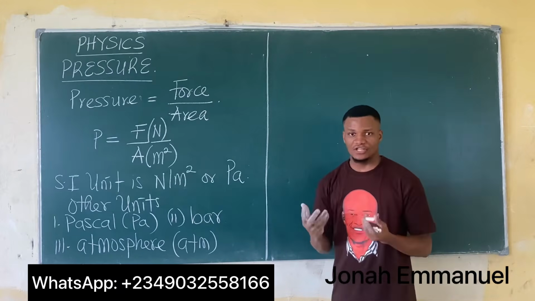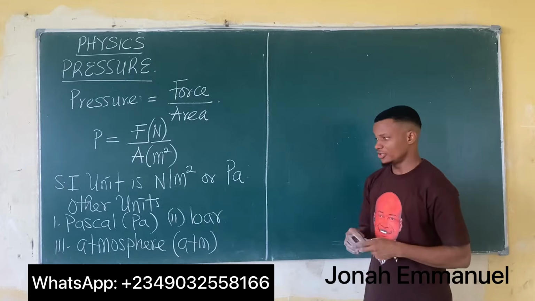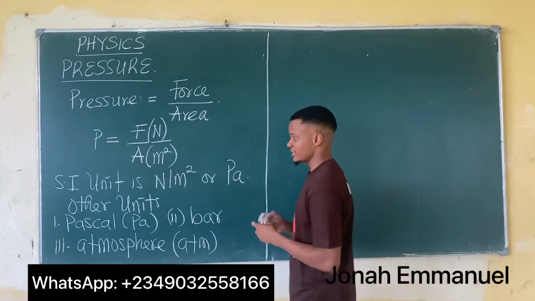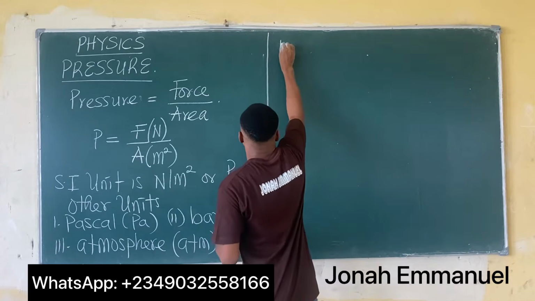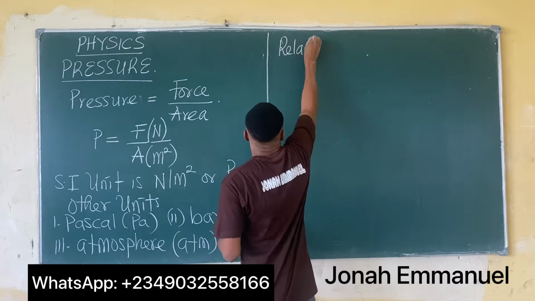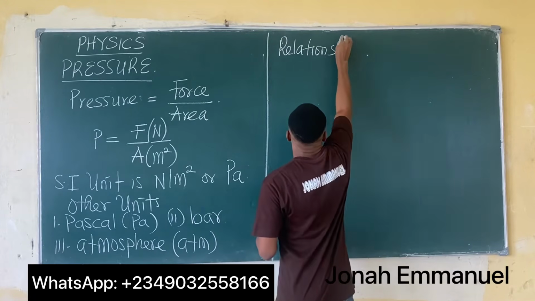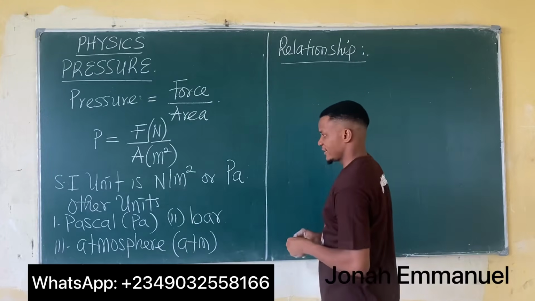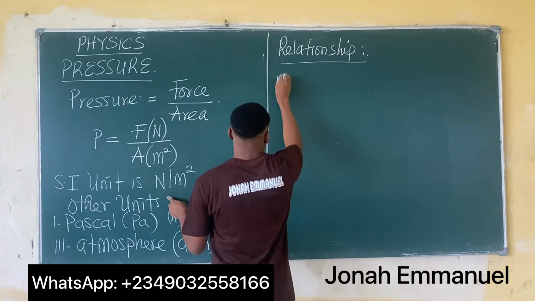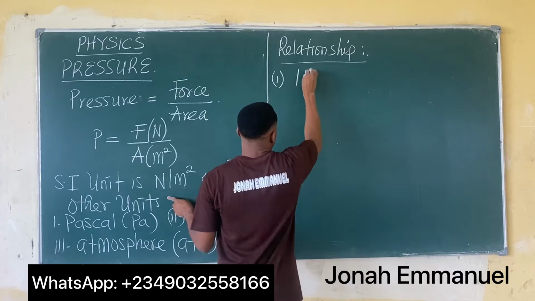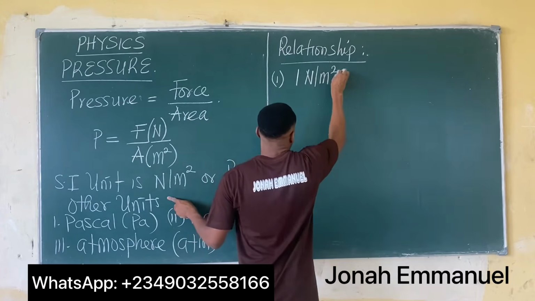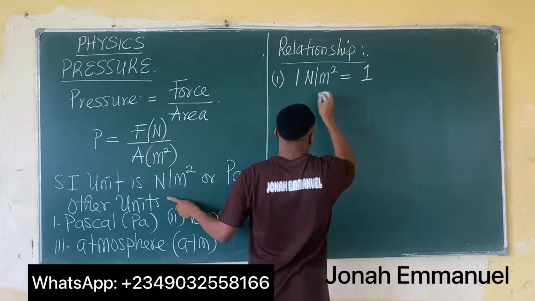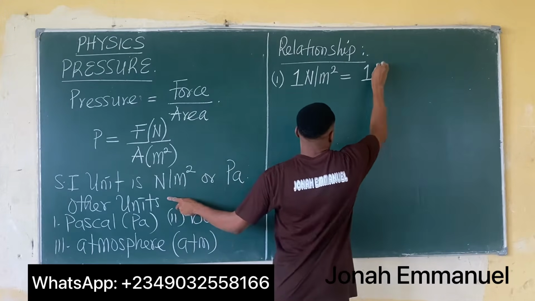Now, the relationship, just in case you want to do a conversion, the relationship between them is that for the first one, we have that 1 Newton per meter squared is equal to 1 Pascal.